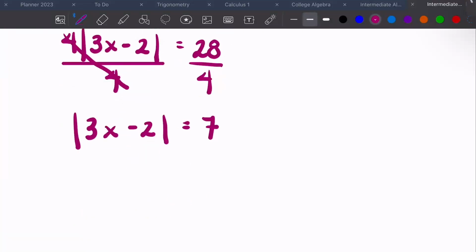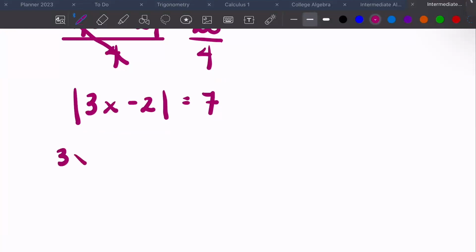Now we can split it up. 3x minus 2 equals 7. 3x minus 2 equals negative 7. Then we solve.